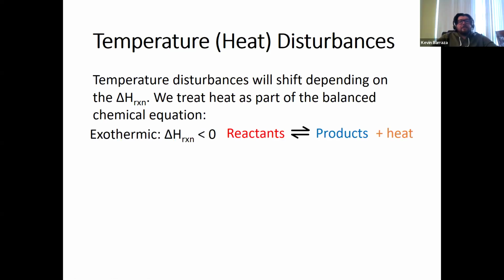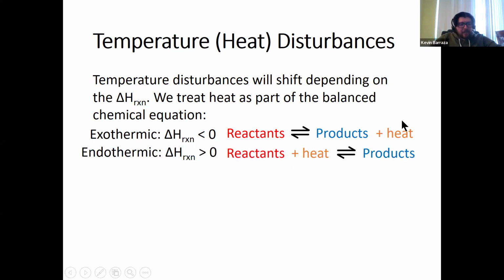But we treat this as we've treated disturbances in the last few slides. For an exothermic case, delta H is less than 0, negative numbers for enthalpy. Exothermic, we release heat, so we treat heat as if it were a product in the reaction. We could even write it there to help us with the analysis.